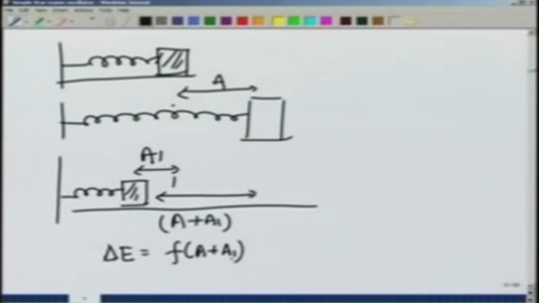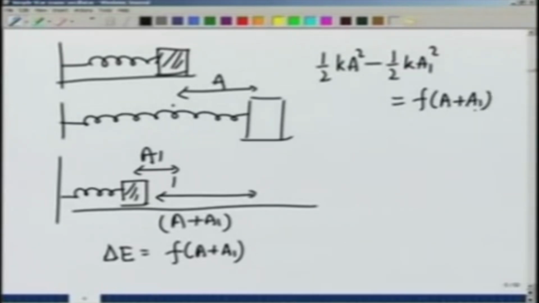Therefore, the initial energy, which was 1/2 k a squared, minus the final energy, which is 1/2 k a1 squared, should be equal to f times a plus a1, and that gives you that a minus a1, you can work out the algebra, is going to be 2f over k. So by the time the mass completed half a cycle, it has lost an amplitude of 2f over k. In the entire cycle, it will lose 4f over k, and then you can work out things as we did earlier. So this is a simple example of how friction affects the motion.